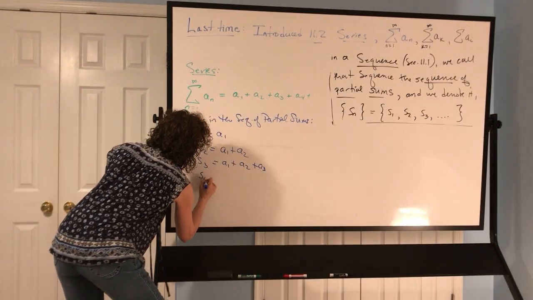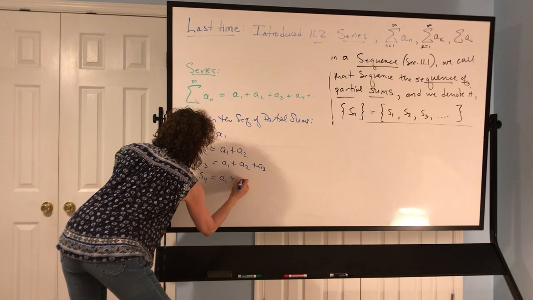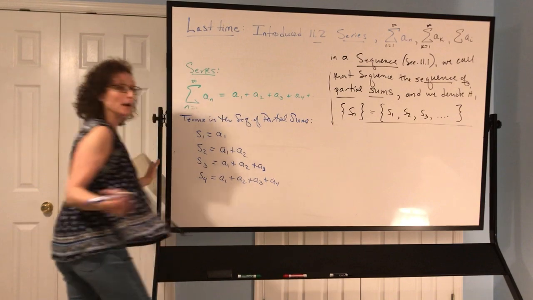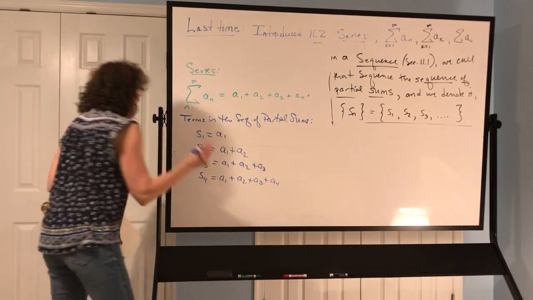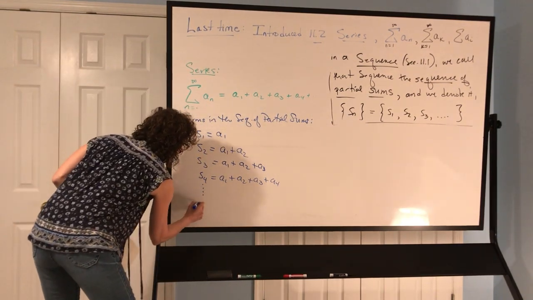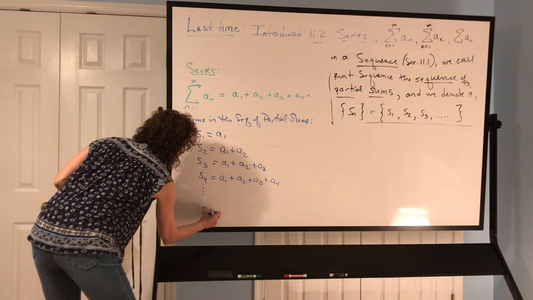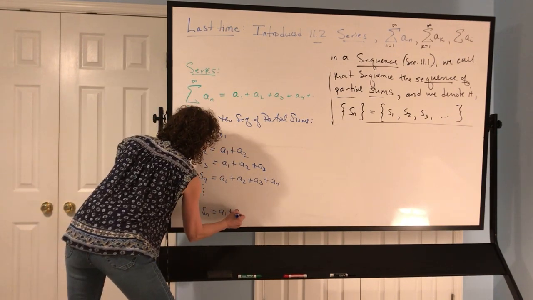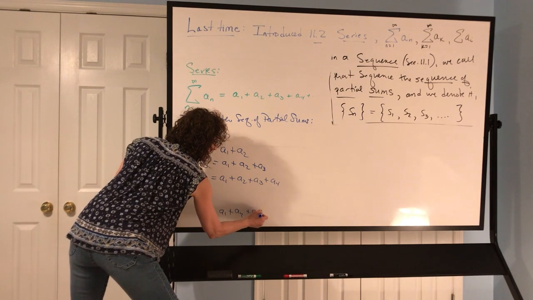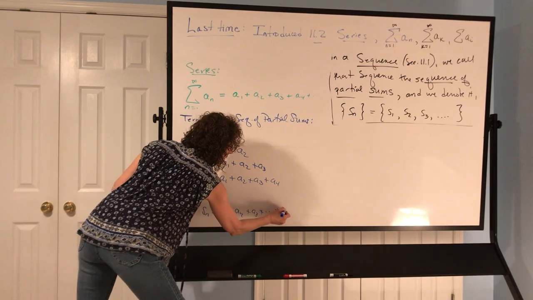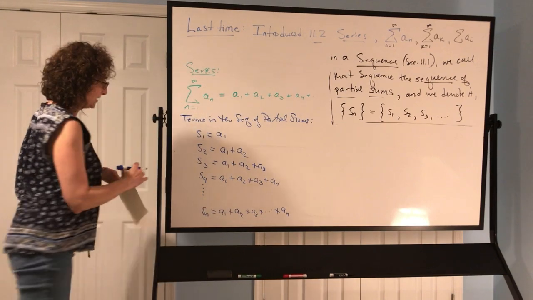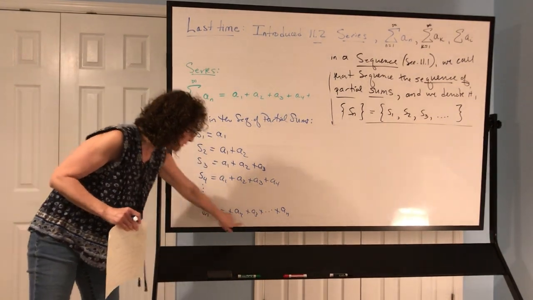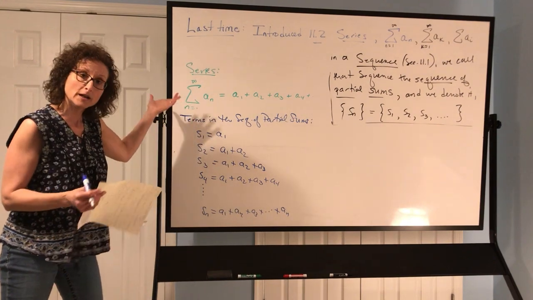And in general, what is Sn? I add up until I get to a sub n, which is exactly what we defined S sub n to be: the nth partial sum, the sum of the first n terms of my series.